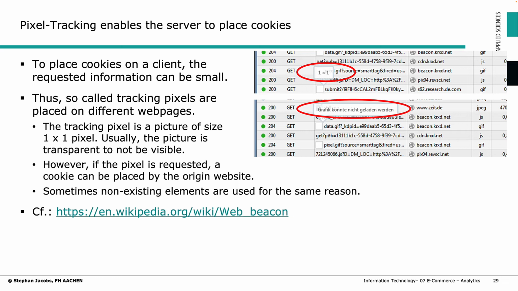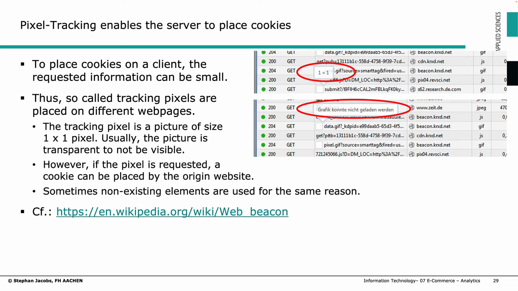I already argued that there are lots of components within web pages. Sometimes these components are very small. They're sometimes just 1 pixel. In this picture you can see that there are 1 × 1 pixel images, and the color of these pixels is transparent, so you can't even see them.